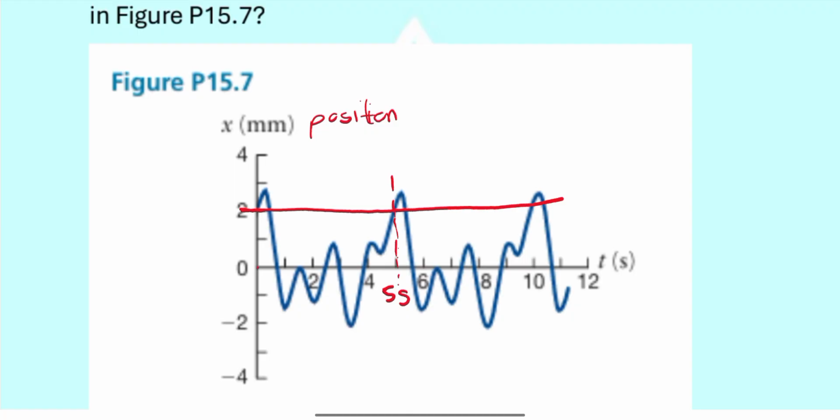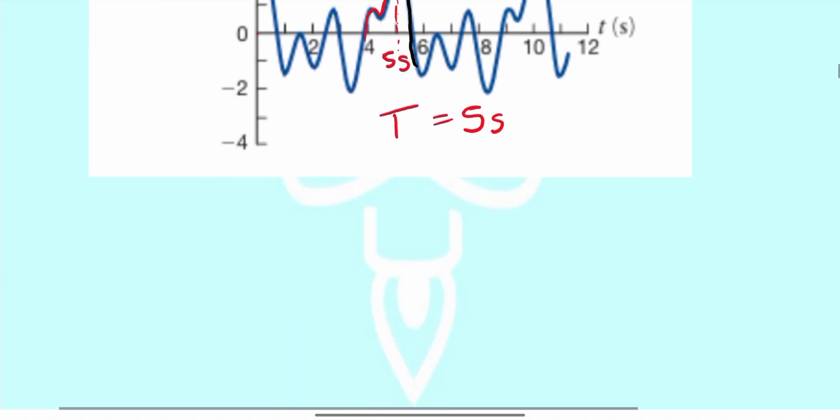After 5 seconds, this graph is starting once again. So the period in this case that they're looking for is 5 seconds. They just want you to see that when this graph gets to 5 seconds, it is basically starting afresh once again. Okay, let's move on.